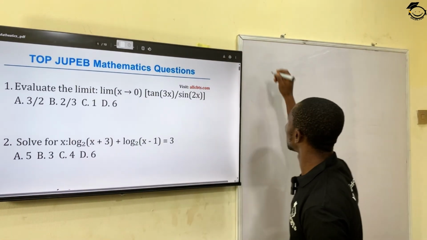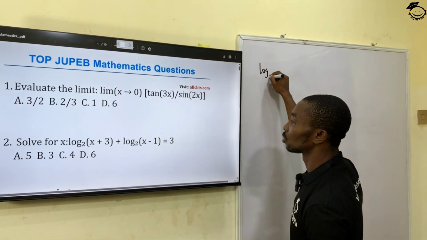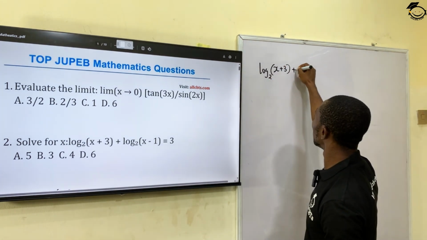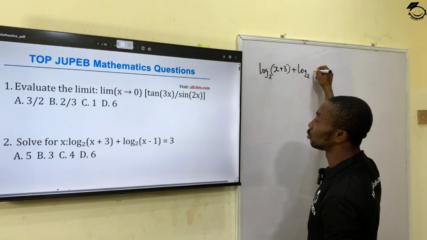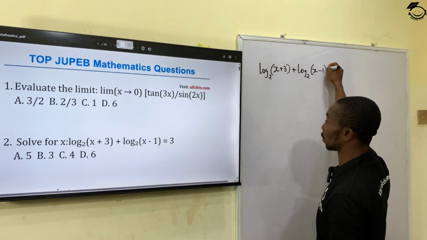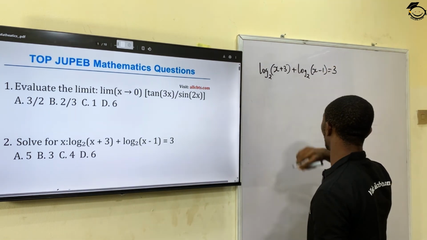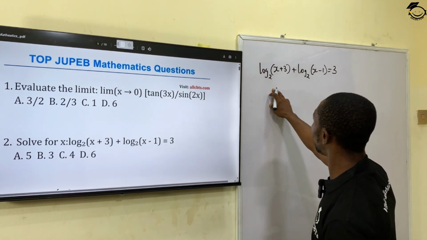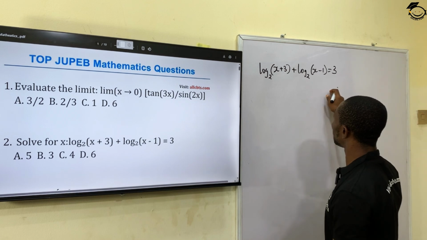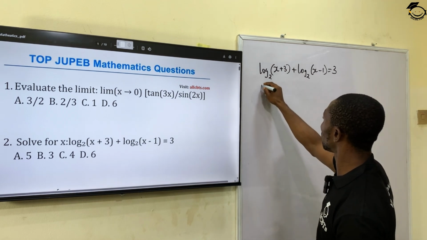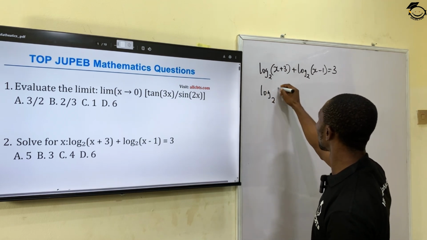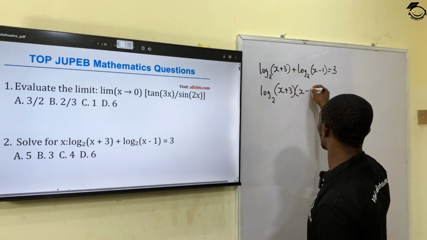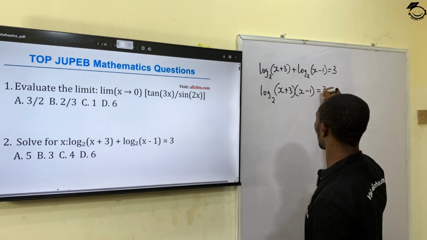Solve for x in log of 2x plus 3 plus log of 2x minus 1 equals 3. Now, in solving for this, if we use our multiplication law of log, this becomes log of 2x plus 3 times x minus 1 equals 3.